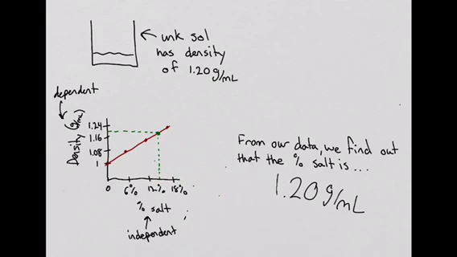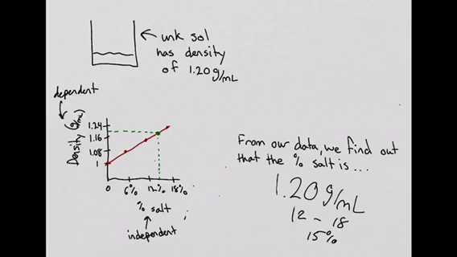And as we know from this graph, we can assume that because the density is 1.20, the salt solution is going to be between 12 and 18. Okay? So that's going to be 15. Okay? So 15% is our salt solution.